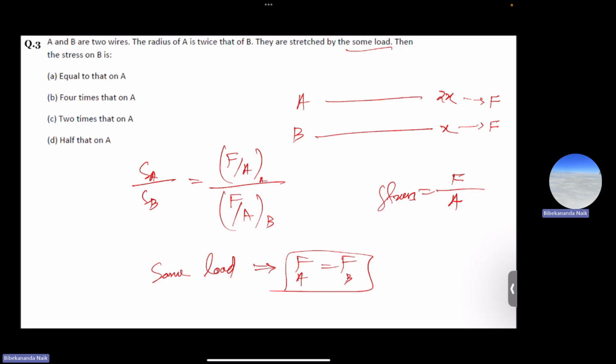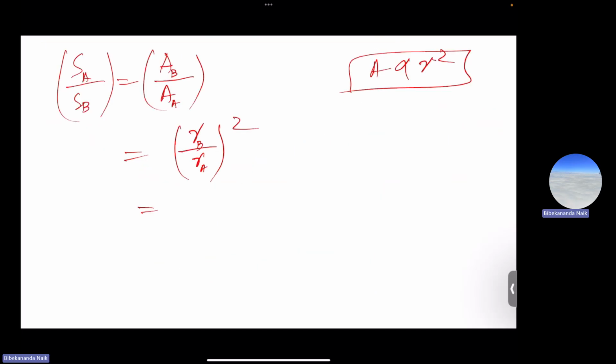And here it is mentioned that the radius of A is twice that of B. That means it is 1 by 2 square, it is 1 by 4.